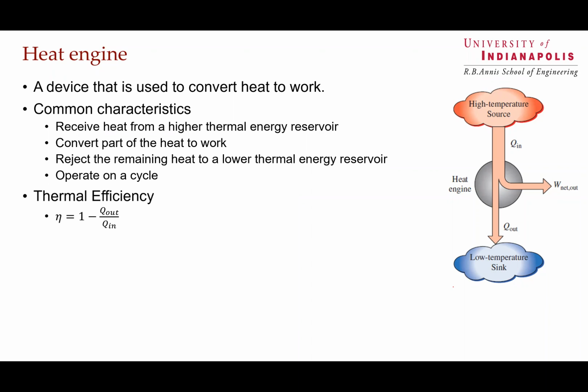Now, the efficiency of a heat engine can be computed by using 1 minus Q out over Q in. This can be easily taken from the general efficiency equation, which is the desired output over the required input.